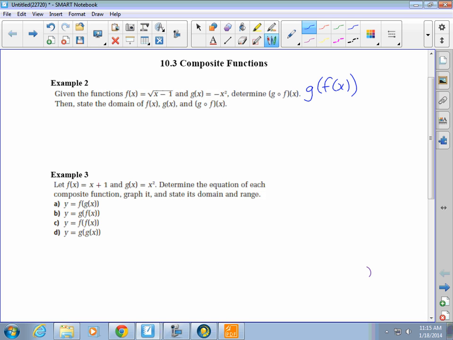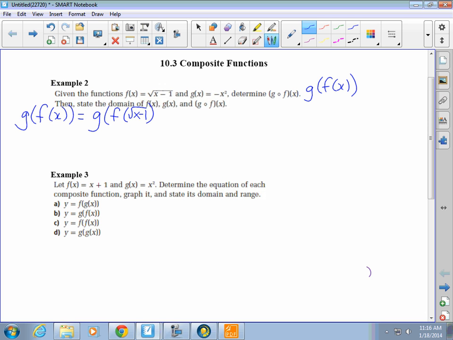So if f of x is equal to square root of x minus 1 and g(x) is equal to negative x squared, then we need to do this composition. So what you're basically doing is you're going to do a substitution. So g of f of x, in this case f of x is square root of x minus 1.